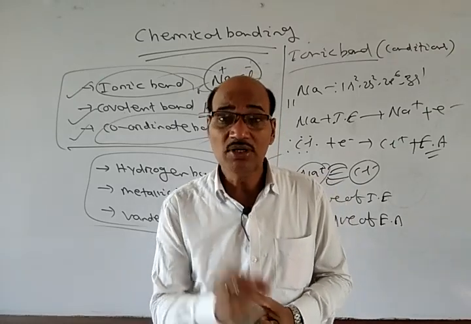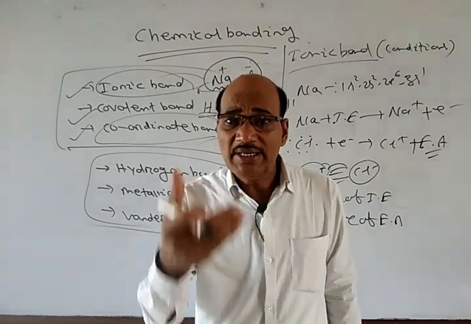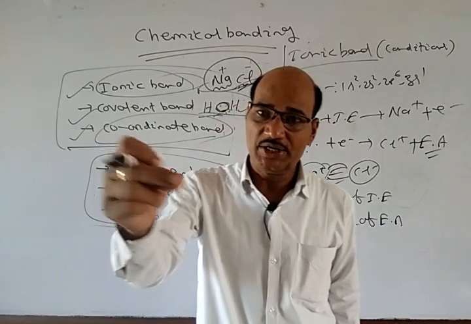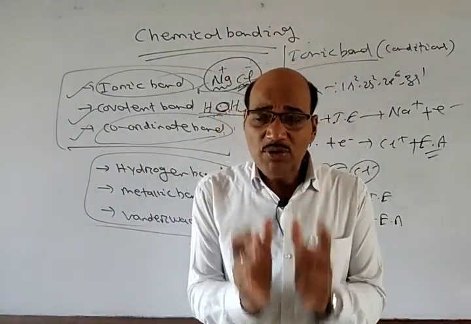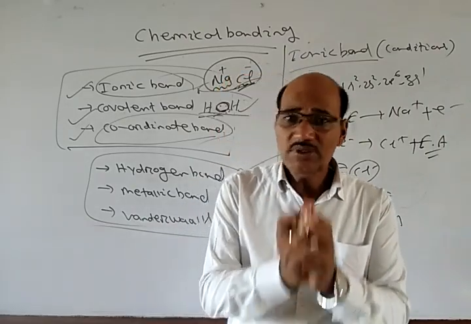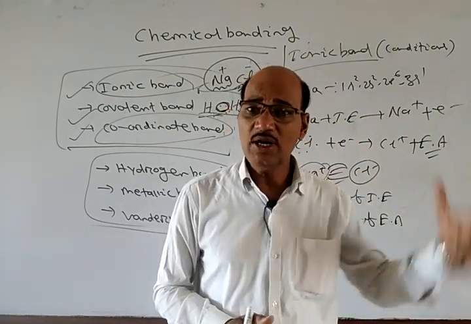That is called what? Lattice energy. The more the energy released, the more the stability of the molecule. Remember always. So if the lattice energy is more, that means what?